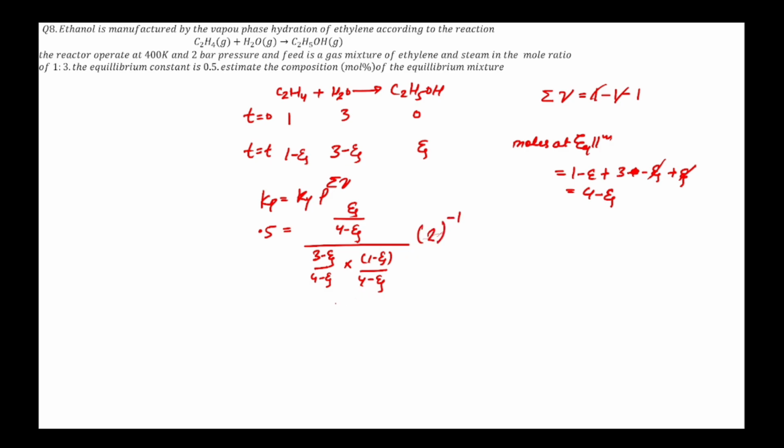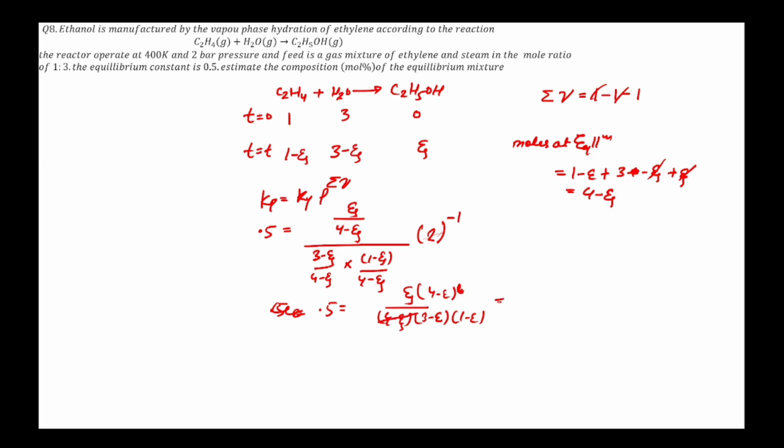Okay, so when you solve this, you will get a quadratic equation. Suppose I solve one more step: E into 4 minus E, this will give 3 minus E, this will give 1 minus E upon 4 minus E square. The square will go out, this will cut.